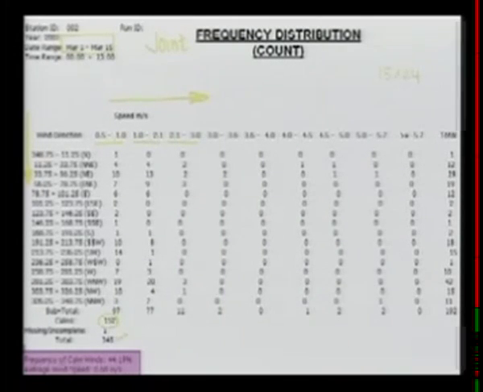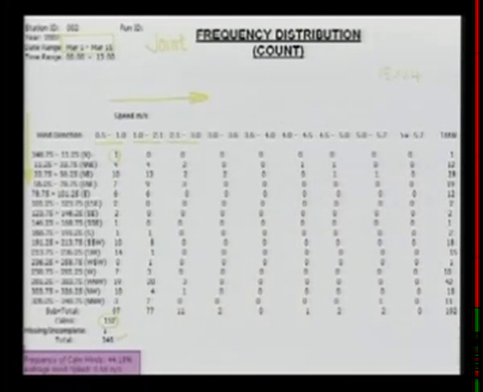What we have done here is that for every wind direction we have seen how many times the wind was in a particular speed category. So suppose my wind direction was north, and how many hours was the wind in the speed range of 0.5 to 1? It was only 1 hour when the wind speed was between 0.5 and 1 and wind direction was north.